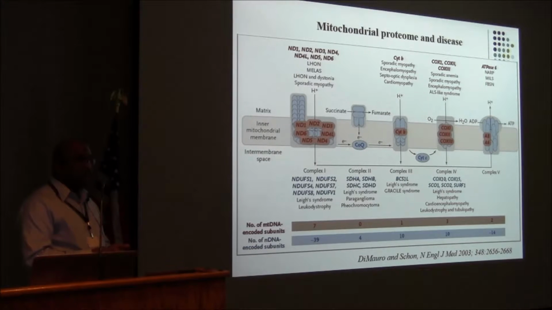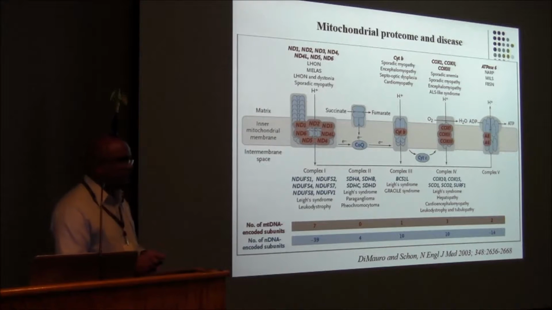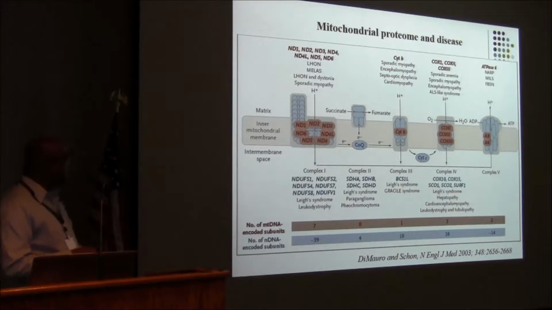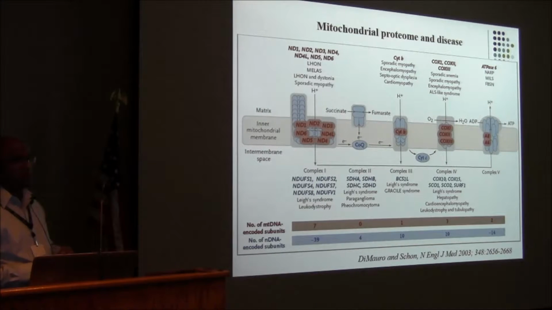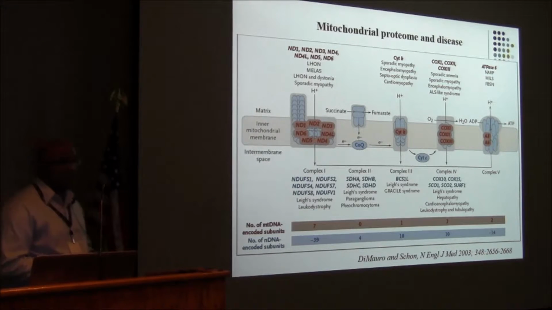Of the 13 polypeptides that the mitochondrial DNA encodes, 7 go to electron transport chain complex 1, 1 goes to complex 3, 3 polypeptides go to complex 4, and 2 go to complex 5.